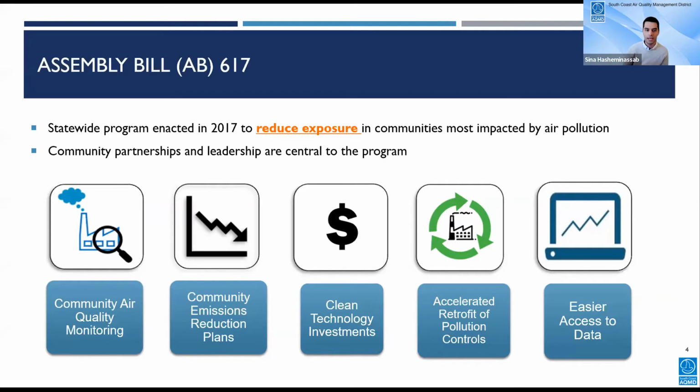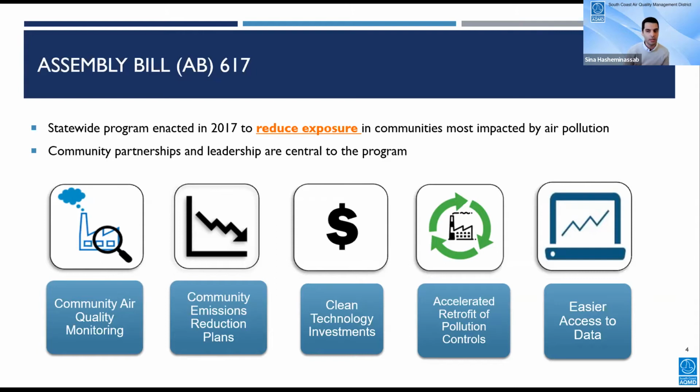In addition, there are community emission reduction plans, which are essentially a set of strategies designed to reduce emissions from the sources that exist in these communities. This program also provides funding for clean technology investments, as well as accelerating the retrofit of pollution control measures. Finally, another goal of this program is to provide easier access to the data for the community members.